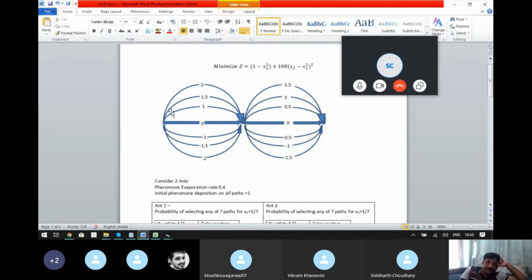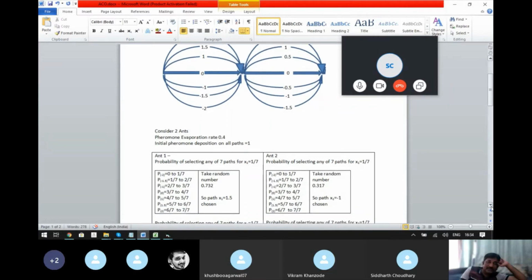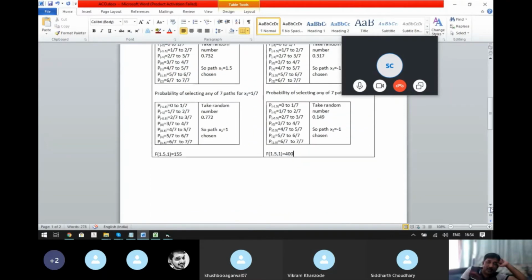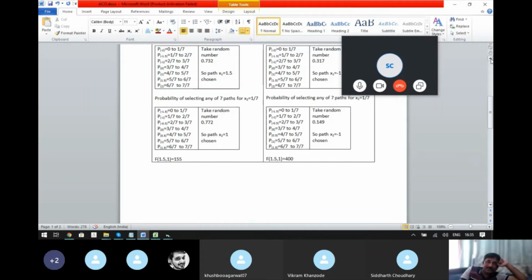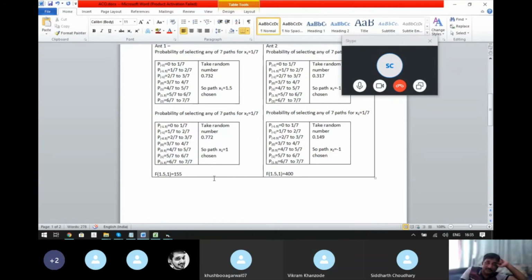For example, the first ant has traversed this path, 1.5 and 1, and the function value is what? 155. So what is done? The pheromone equal to 1 upon 155 is deposited on the path traversed by ant 1, that is x1 equal to 1.5 and x2 equal to 1.